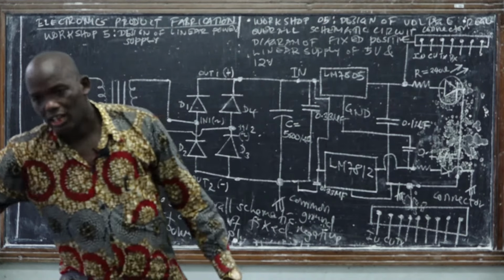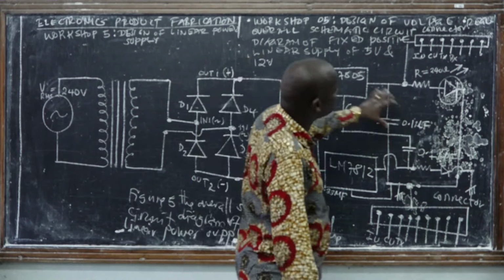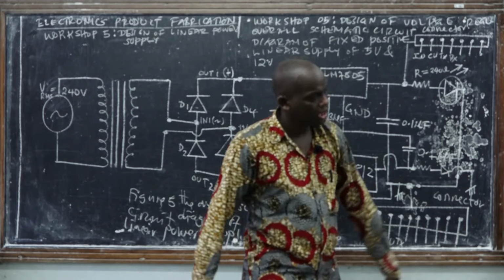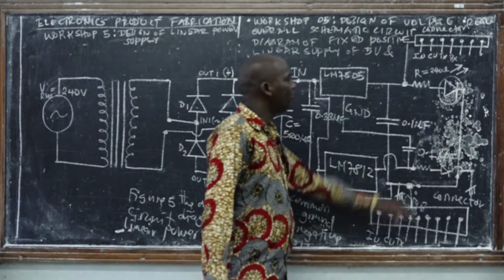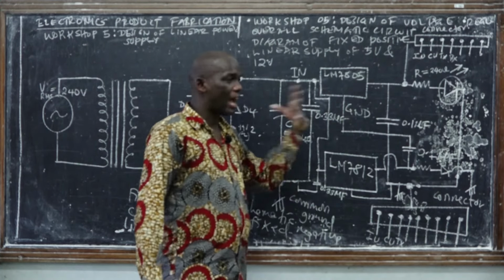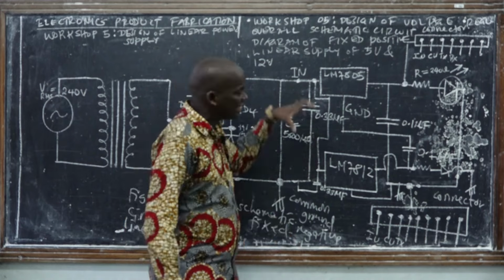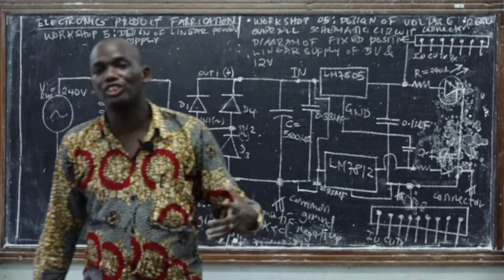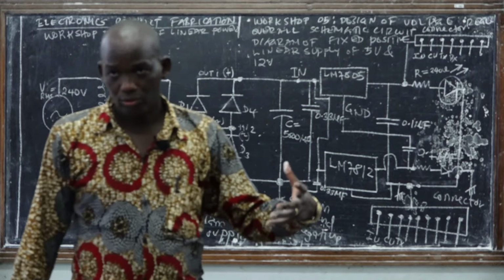And this is 5 volt, which is separated from 12 volt. So 12 volt will be used to power some subsystem, and 5 volts will be used to power some other subsystem.